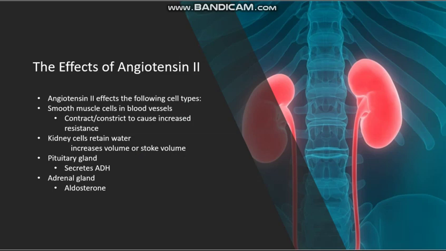Angiotensin II also acts on the kidney cells and causes them to retain water. And as they retain water, volume increases and we have a high stroke volume. Angiotensin II also acts on two glands, the pituitary gland and the adrenal gland. When it affects the pituitary gland, it causes it to secrete the hormone ADH.